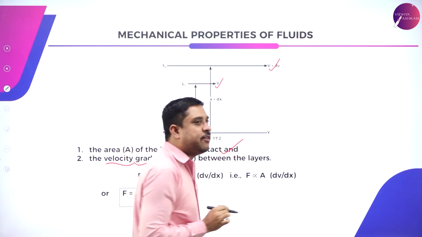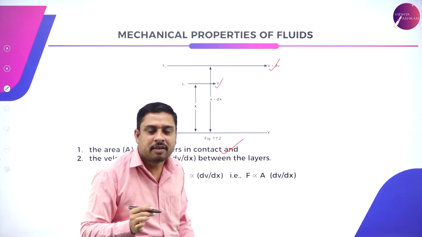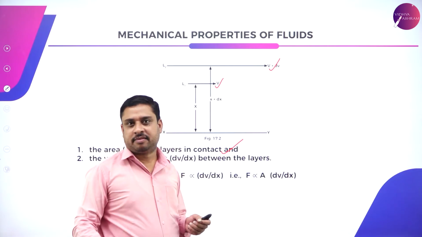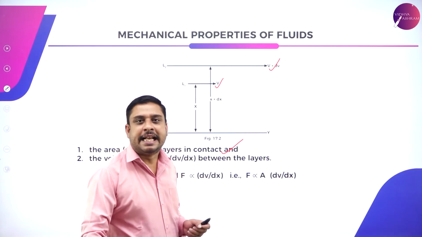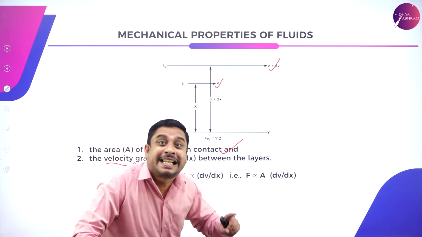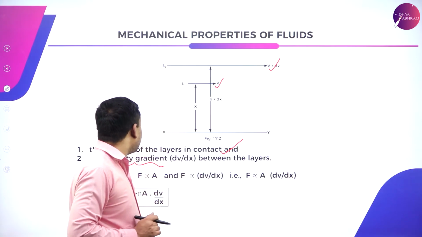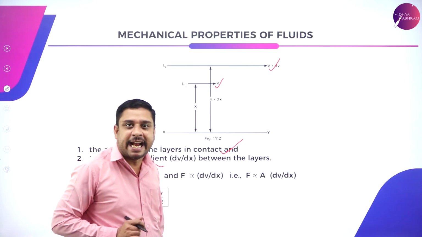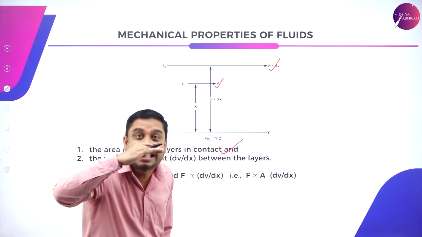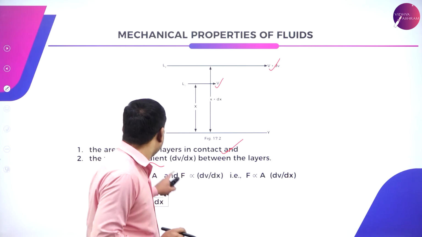V plus dV, velocity of the second layer. Because of the opposition to motion, there is change in velocity with respect to distance. That is called velocity gradient. Some ratio with respect to distance is called gradient.